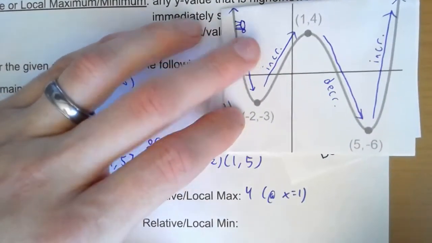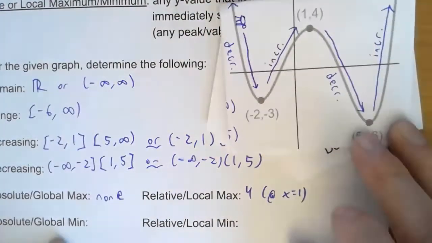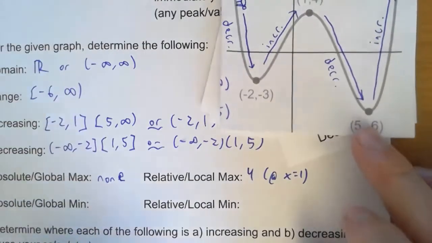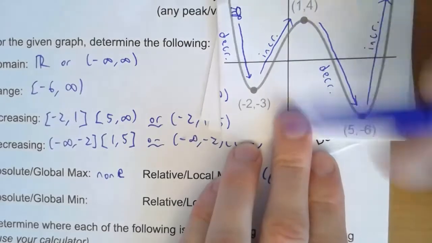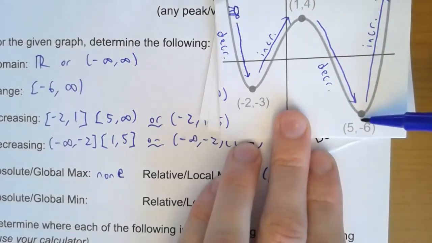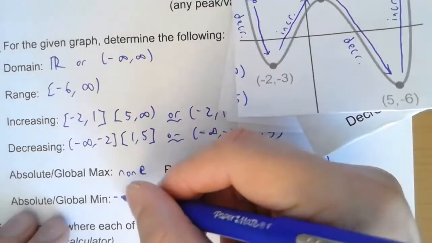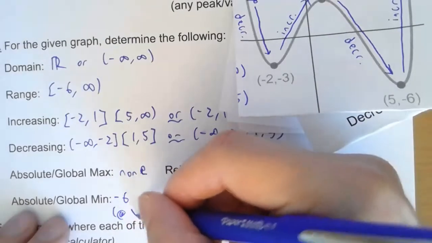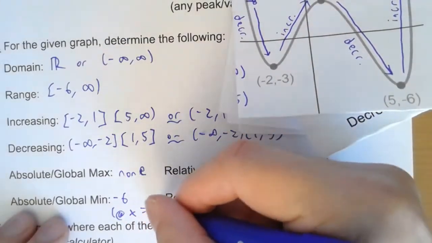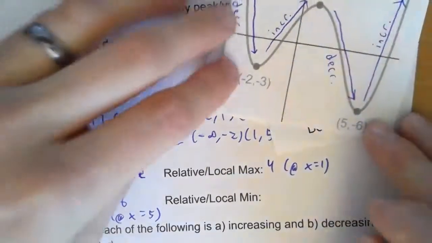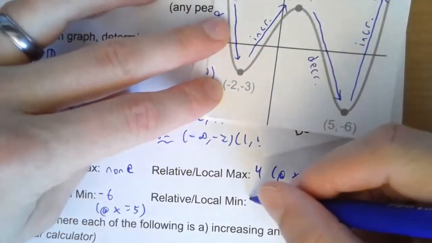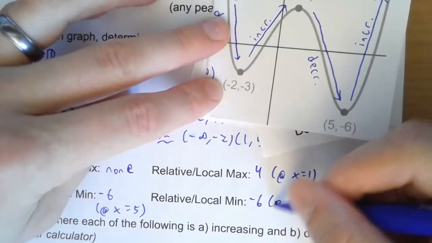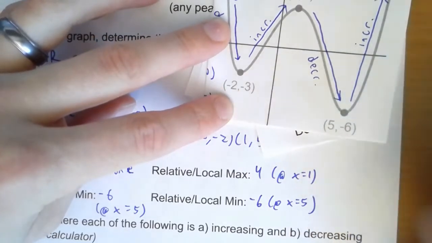And so then if we said absolute or global min, well, the absolute overall, globally looking at the whole function minimum, is -6. And if you wanted to, you could say at x equals 5. But then relative, so that we would still include this one. We would still have the -6 at x equals 5.